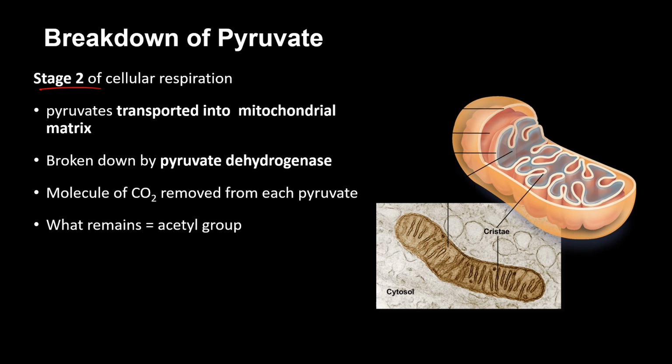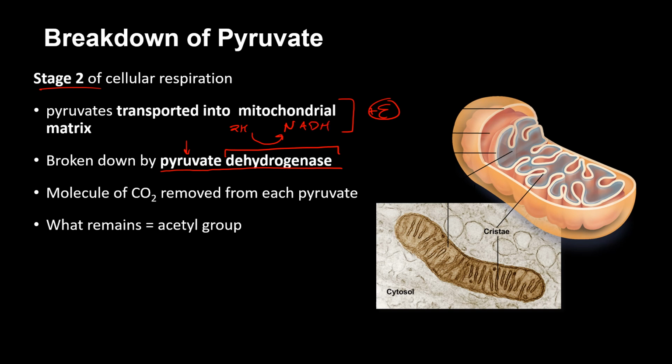So pyruvate is transported into the mitochondrial matrix. It is actively pumped. So remember, that's going to need some energy. From here, it is broken down by an enzyme called pyruvate dehydrogenase. There's that dehydrogenase again, right? And so that tells you we're going to take 2 hydrogens and rip them off of something, in this case pyruvate, and put that energy into an NADH molecule, right?